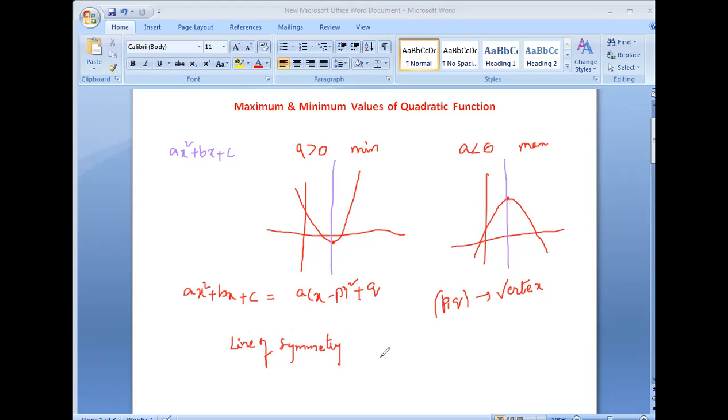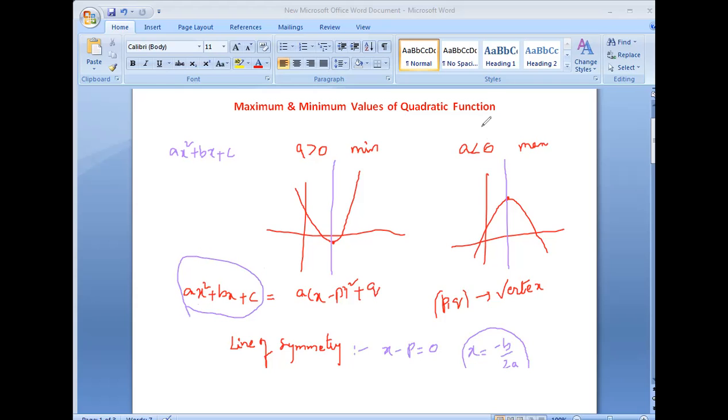The line of symmetry will be x minus b equals 0. By taking this expression we can find the value of b also: x equals minus b by 2a. This is the line of symmetry. So we can find the line of symmetry and the minimum and maximum point.